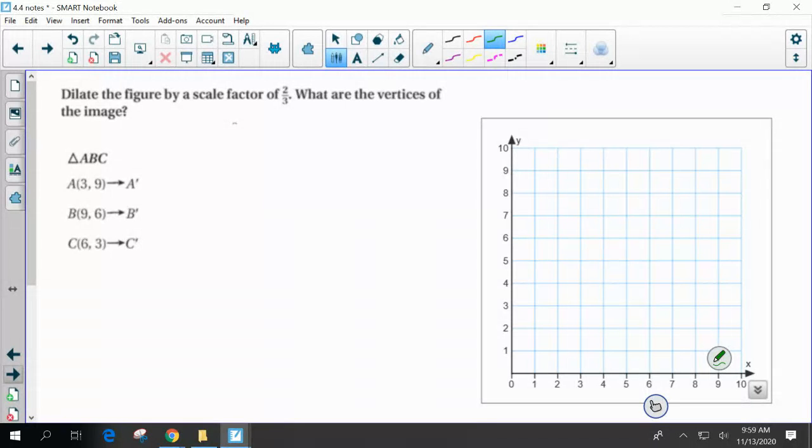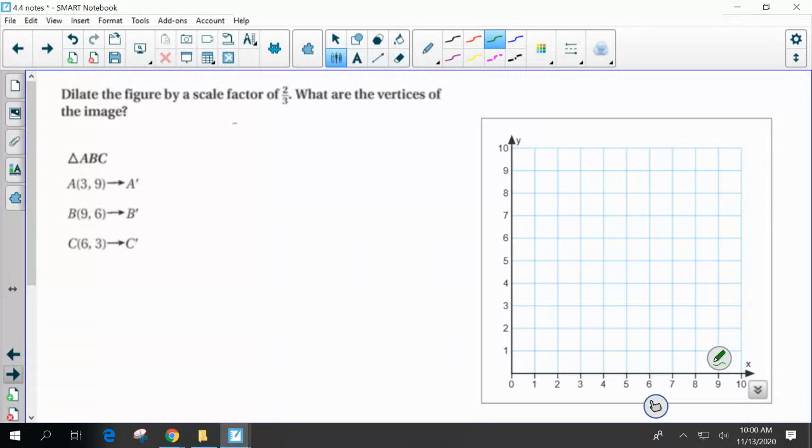So whenever you have a scale factor that's a repeating decimal, you want to make sure that instead of using the decimal version, you use the fraction button on your calculator and do 2 fraction 3. Or look at your numbers and do mental math. So in this case, A, B, and C all happen to be multiples of 3. So finding 2/3 of it shouldn't be all that difficult to do mentally.